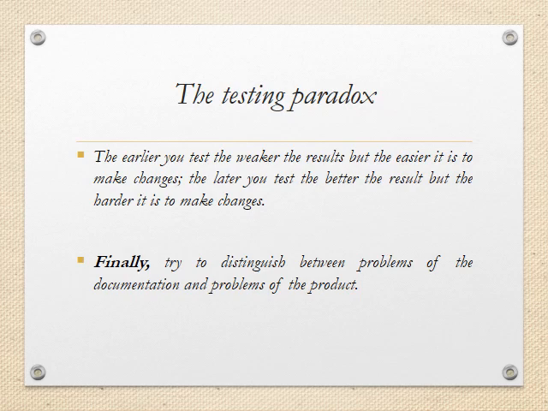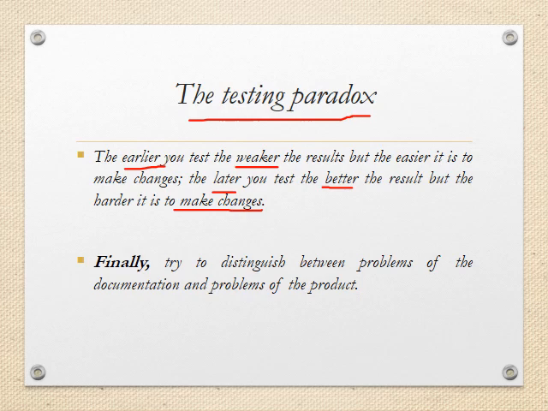We conclude this chapter with the testing paradox. The earlier you test, the weaker the results, but the easier it is to make changes. The later you test, the better the results, but the harder it is to make changes.